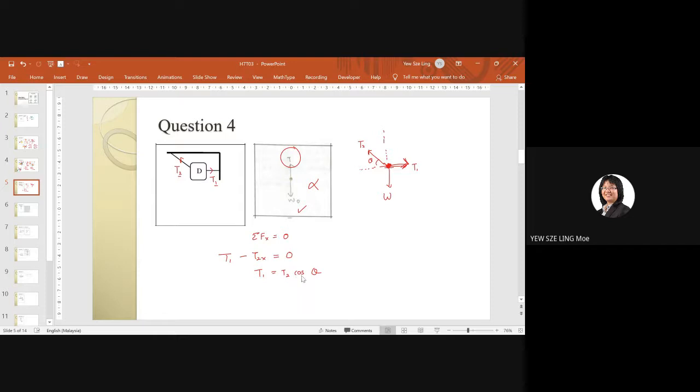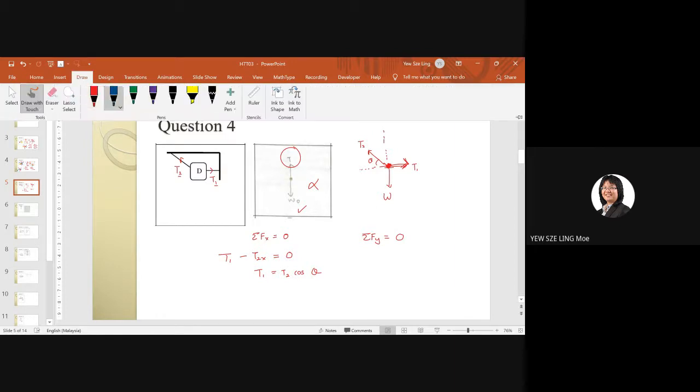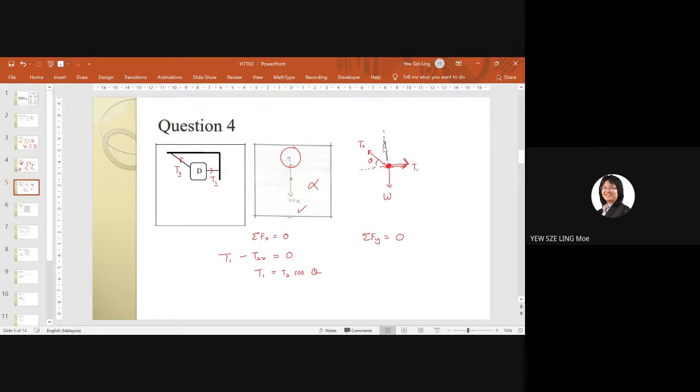In this question, I'm just assuming my angle is beside the x-axis. In an actual question, the angle could be at the y-axis, so make sure you read the questions carefully. And then for the y components, summation Fy equals 0. Along the y component, what do I have? If you resolve T2, you have a T2y here, and a T2x here.